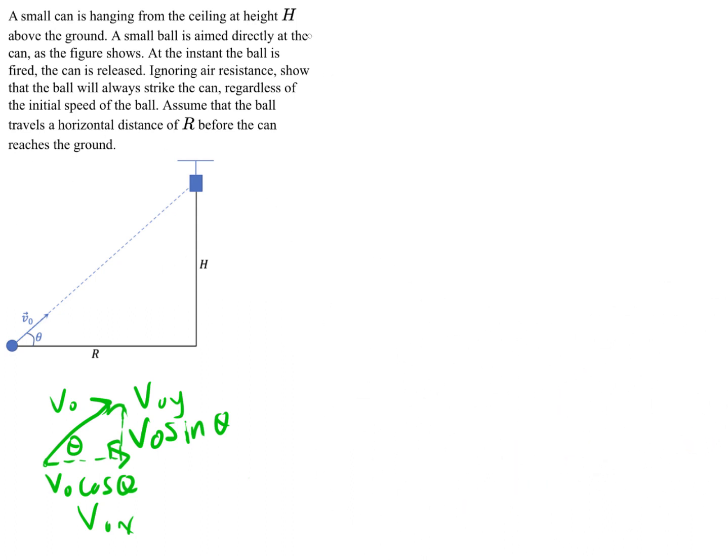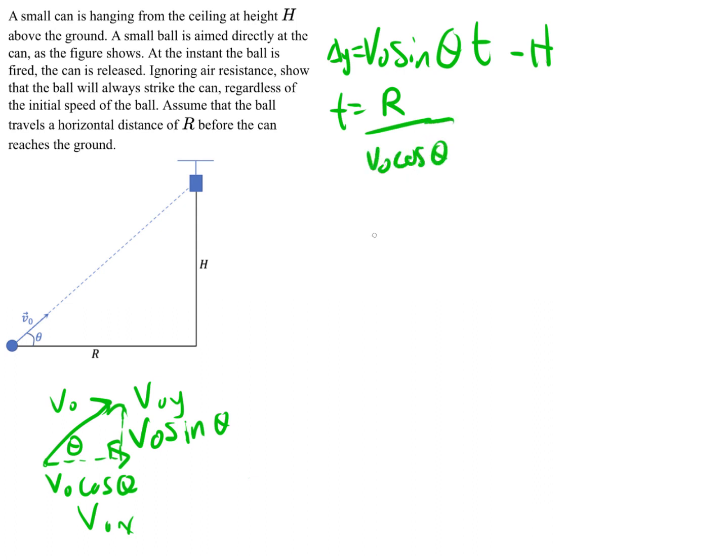So I'm going to rewrite that. We had v0 sine theta t minus h. That is equal to the y difference between the two of them. So now we can replace t, which was the distance r divided by the initial x velocity of the ball, which is v0, or the initial velocity times the cosine of theta. So now we can replace that: v0 sine theta times the time r divided by initial velocity cosine theta.